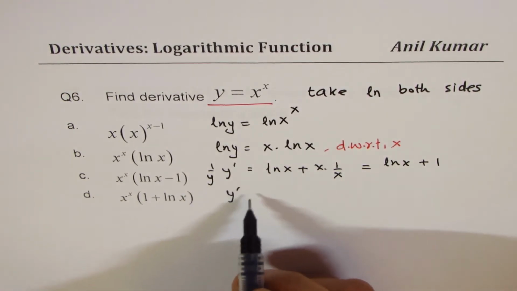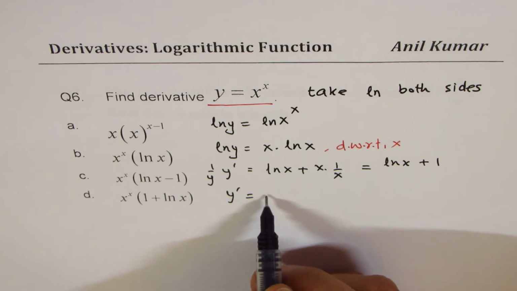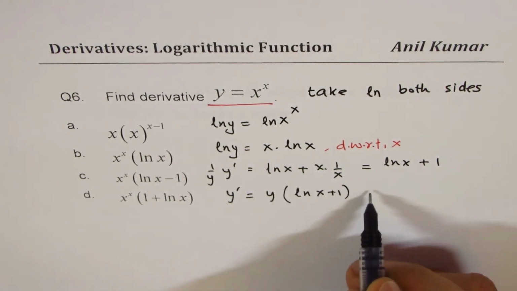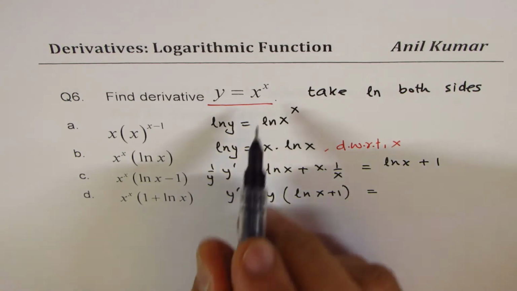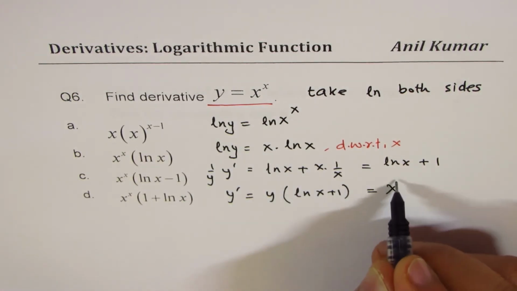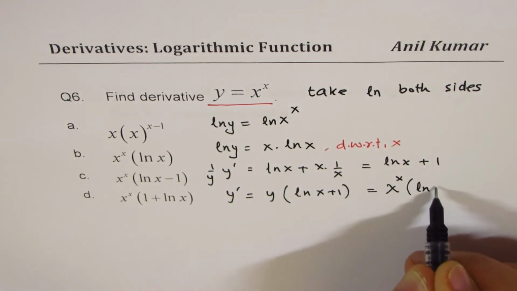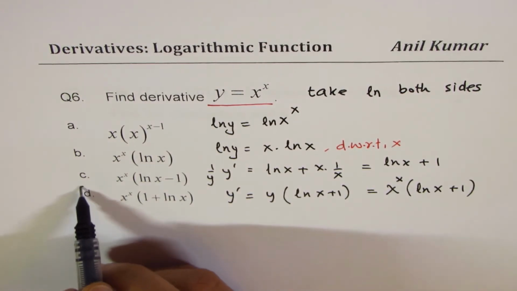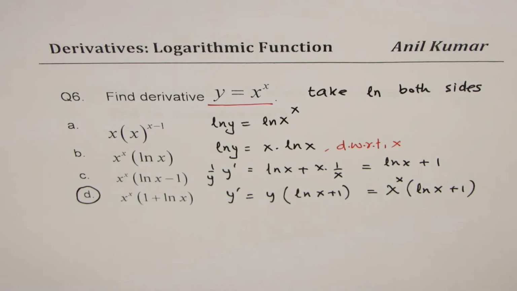So we can get our derivative as equal to y times (ln x plus 1), where y is x to the power of x. So x to the power of x times (ln x plus 1), correct? So this is our last option, D here. That is how we'll do this particular question.